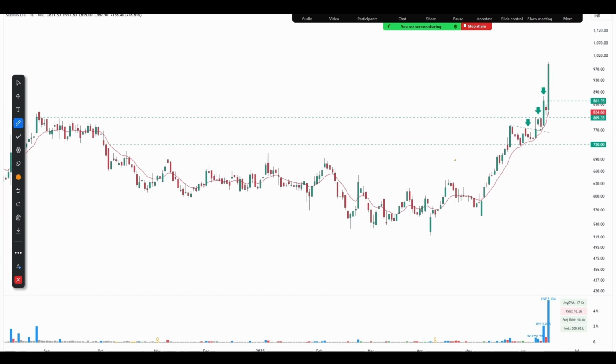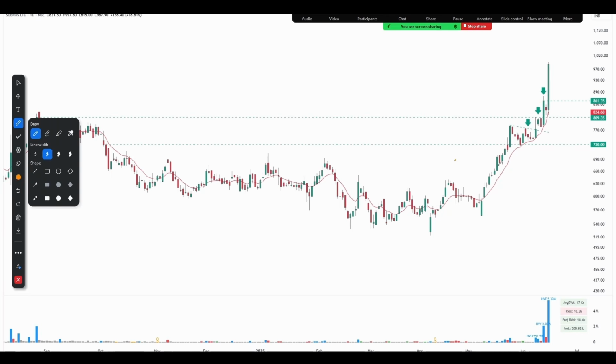Same thing, after a decent breakout candle, it contracted where the lows were being protected, and after that same thing, gave a good breakout candle, contraction, and ultimately another breakout candle.